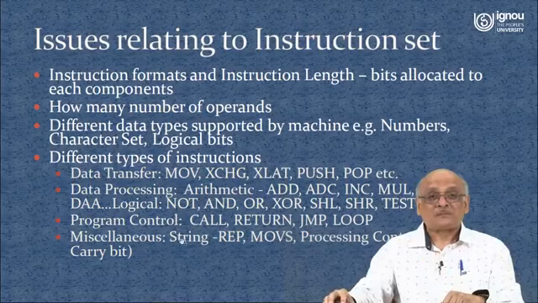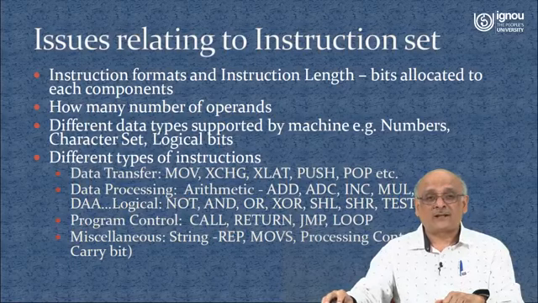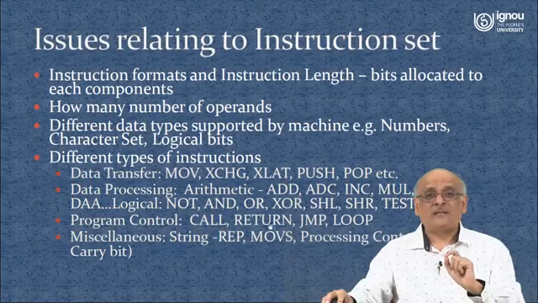All right. Then comes the DAA, which is after AAA. Then logical instructions, which are basically not, and, or, XOR, shift left, shift right, test. Shift left and shift right are very, very important, so we will discuss them. Test we had explained in the 8086, so you will know about it. Program control is very important. I'll be discussing call and return a little bit later.